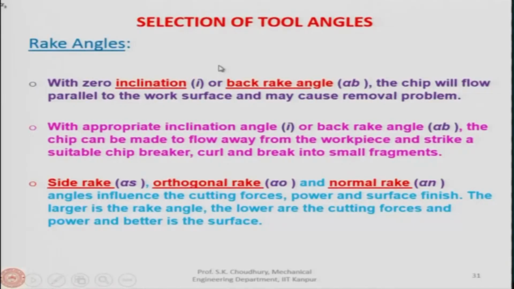Hello and welcome back to the discussion sessions of the production technology course, theory and practice. Now let me remind you that last time what we discussed were the tool angles.